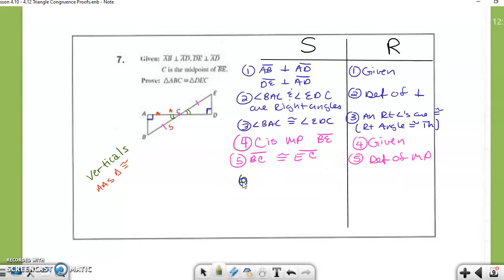All right. Used up all my given information. I did add some notation. I added that angle BCA was congruent to angle ECD. I was able to add that because of my vertical angles theorem, which states that all vertical angles are congruent.